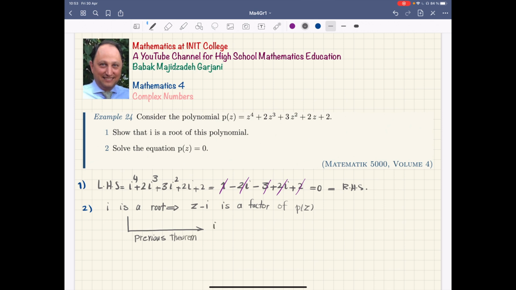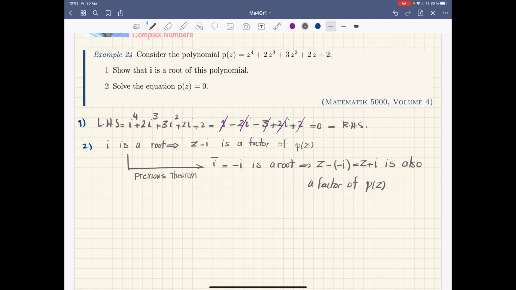This implies that I bar is also a root. So this means that Z minus I, which is Z plus I, is also a factor of P of Z. Okay, now I would say that Z minus I is a factor and Z plus I is a factor.